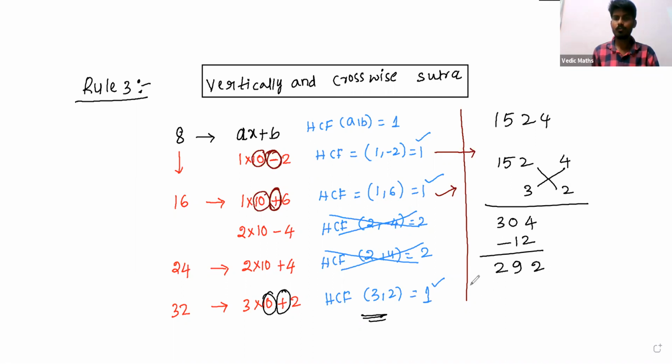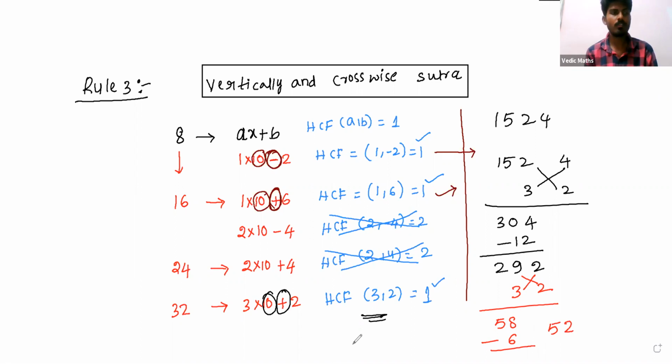Then you are getting 292. So 292, again we are multiplying 3 and 2. So it gives us 58 minus 6 if you are subtracting. Then you are getting 52.